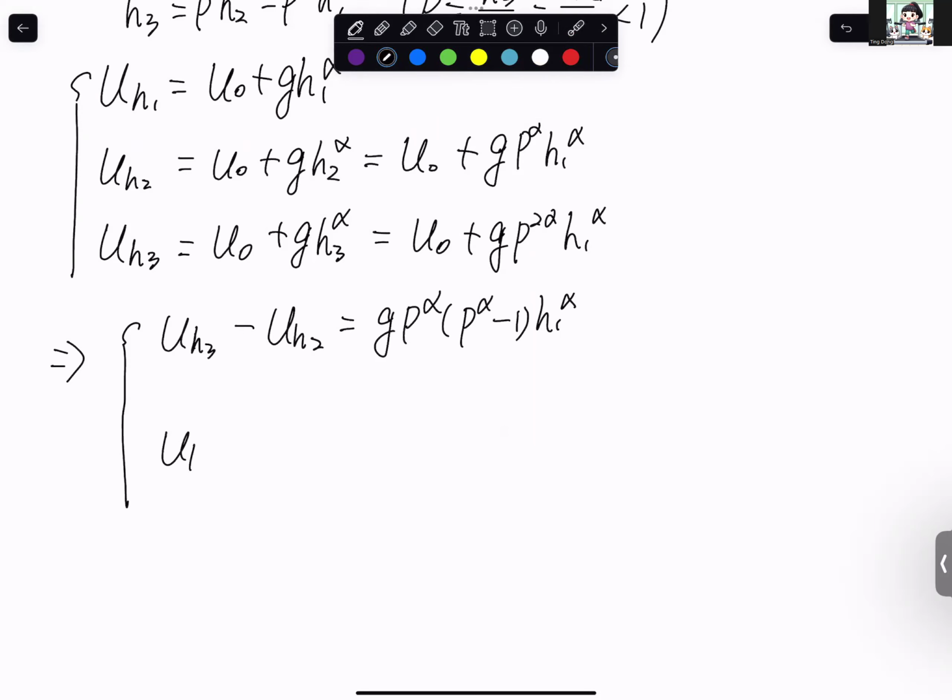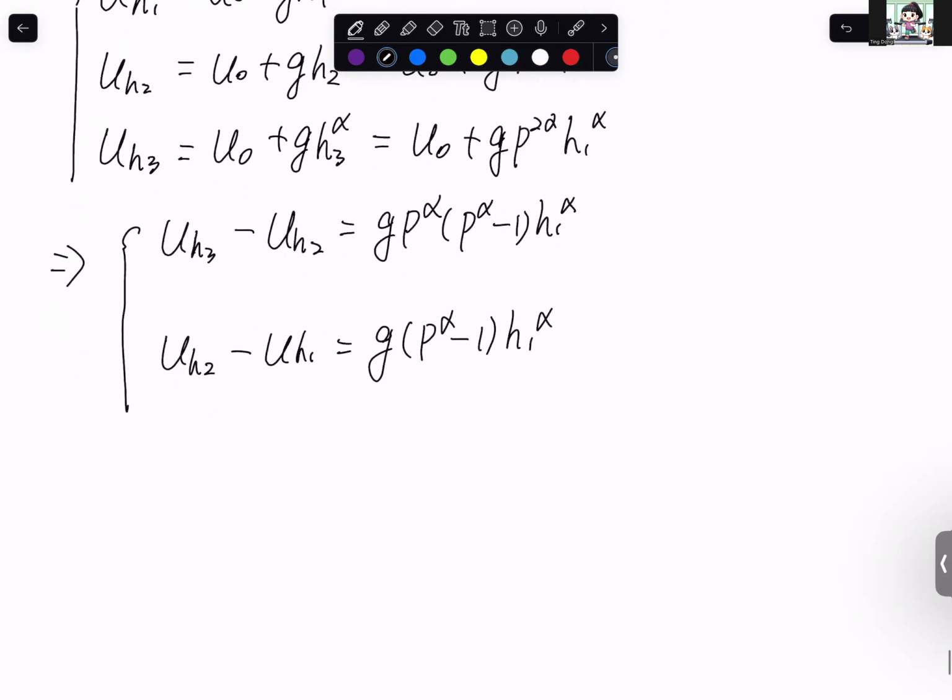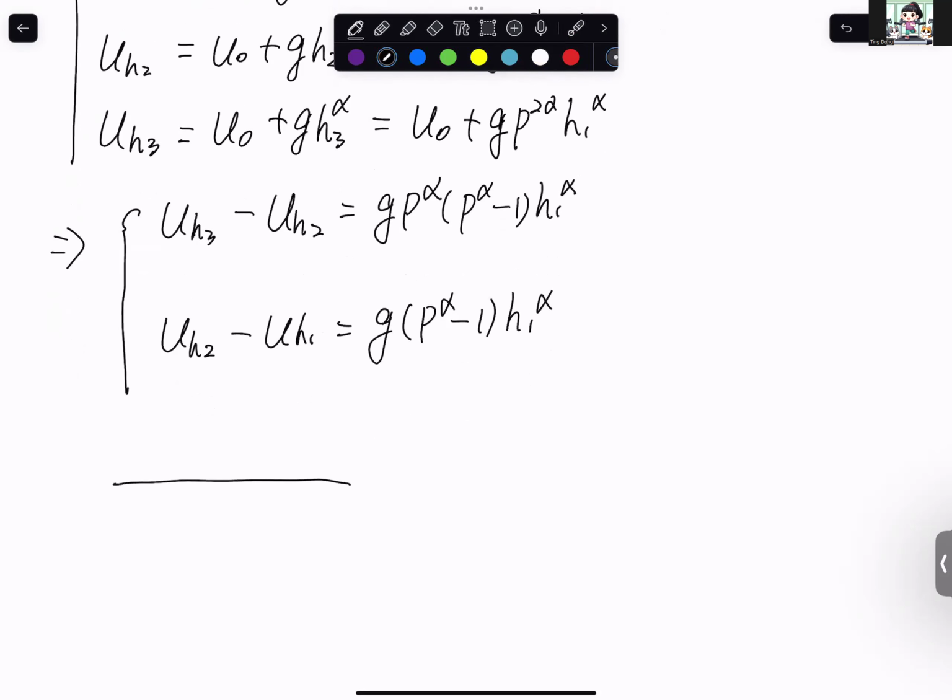We have UH2 minus UH1 equal to G times the difference. Now we take a ratio of these two.